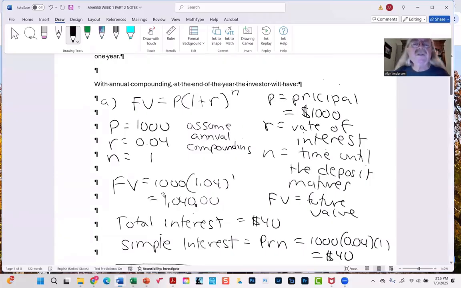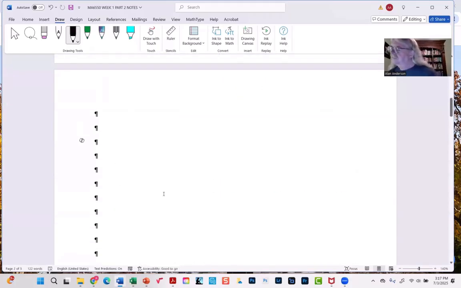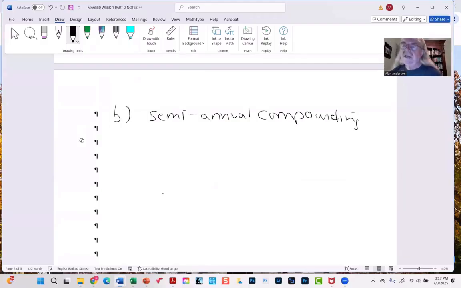In part B, we're going to assume semi-annual compounding. Now, that means we have to make some changes in our formula. But before we do that, I would like to show you exactly what's happening here.